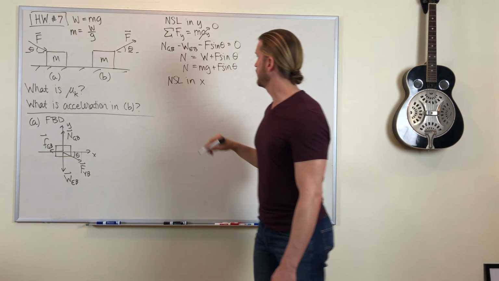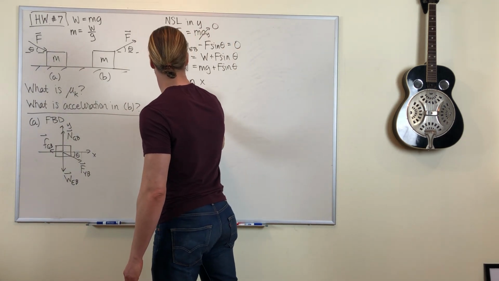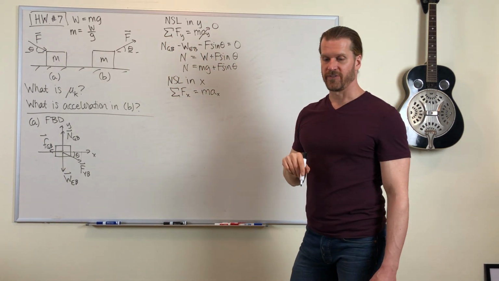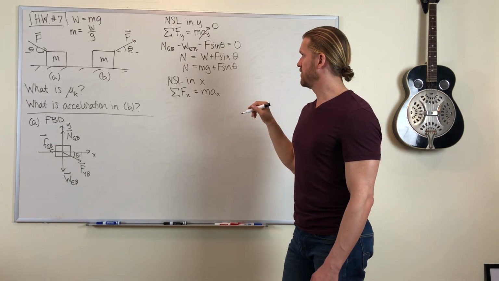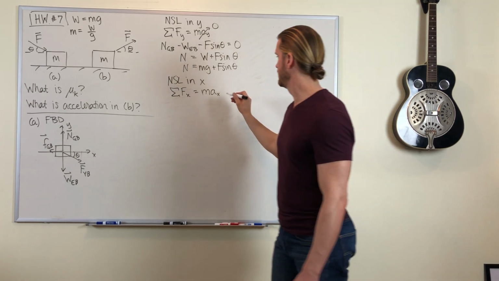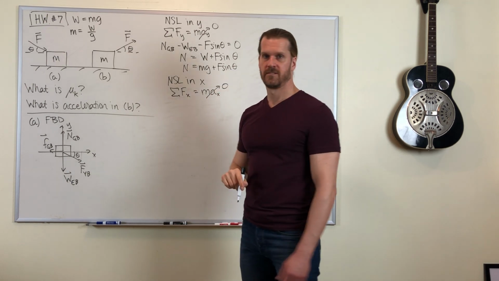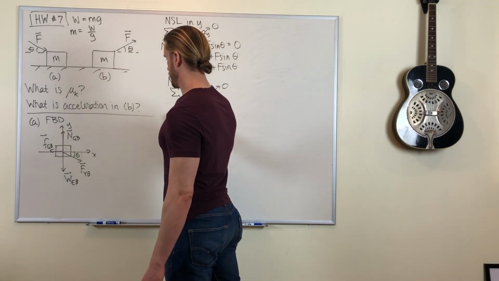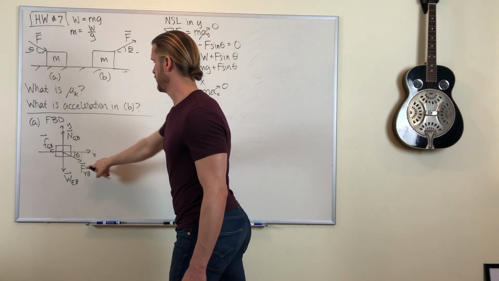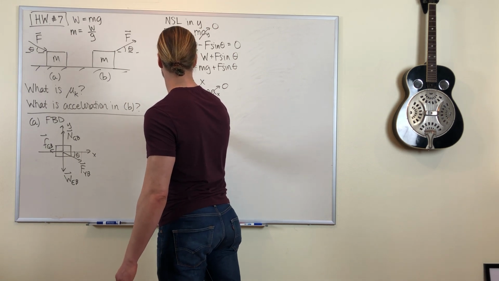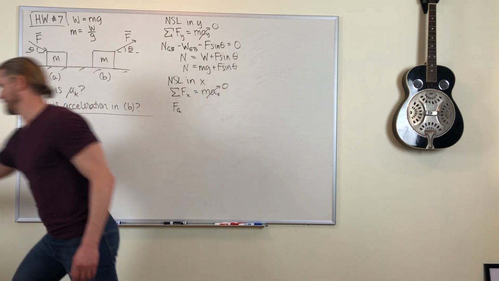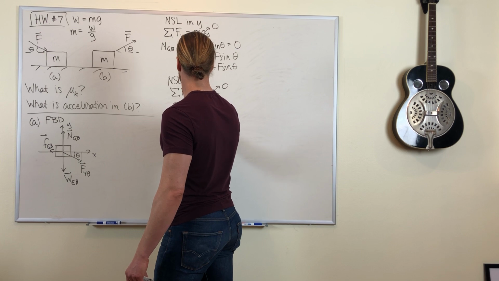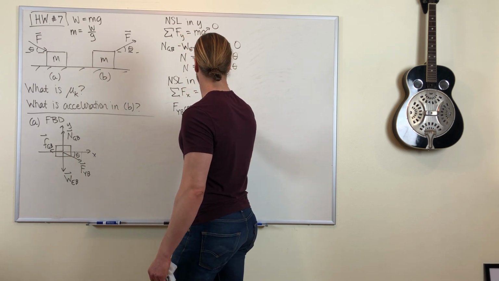Let's look at Newton's second law on x. The problem tells us that the box is moving at a constant speed. So that means the x acceleration in part A is 0. So what do we have in x? We've got the x component of this push, that gets a cosine, minus the friction force.